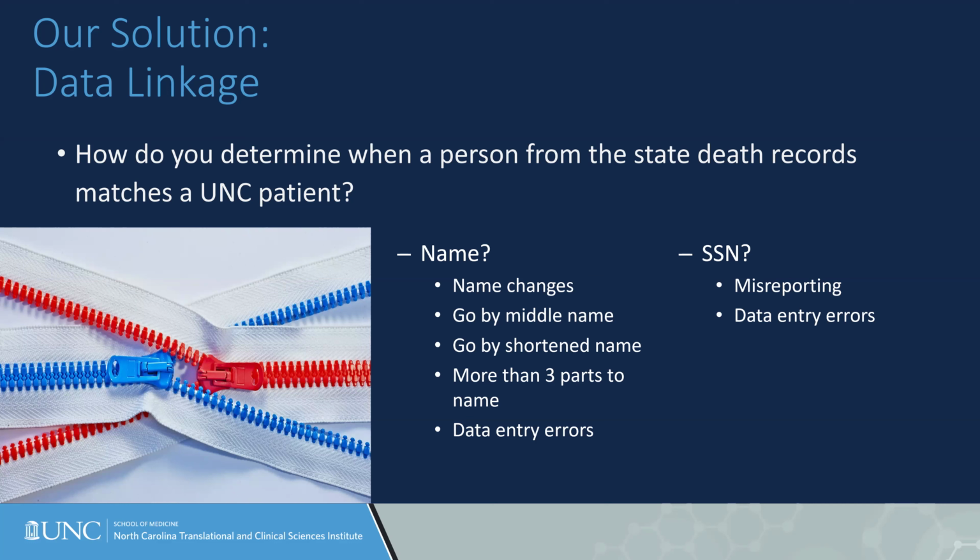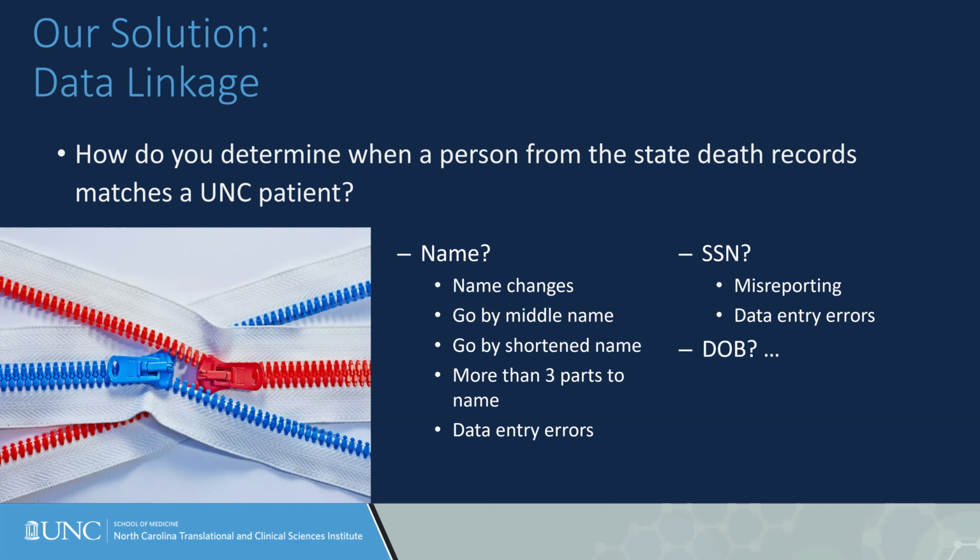Maybe the caregiver is in a state of cognitive decline as well. So there's lots of ways things can go wrong here. One way we see in particular is that the social security numbers for different family members will sometimes get swapped. Again, there's always the possibility for data entry errors as well.